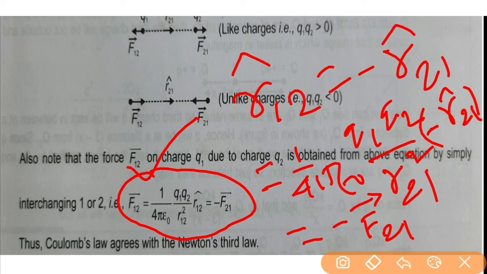From this equation we can tell that Coulomb's law agrees with Newton's third law.